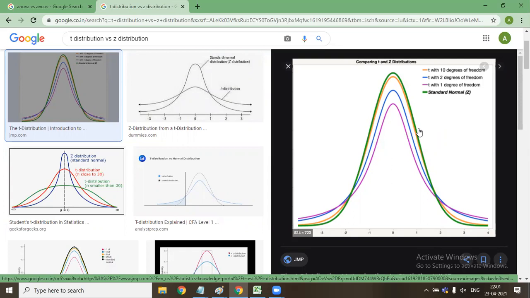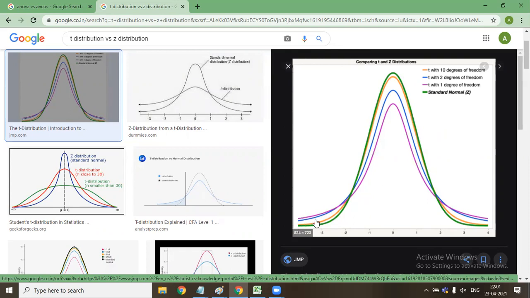But if I say 1, 2, 10 degrees of freedom, it means how many samples we have been taking. As the number of samples is less than 30, it will look similar to the Z distribution, but it is flatter around the corners compared to the Z distribution.